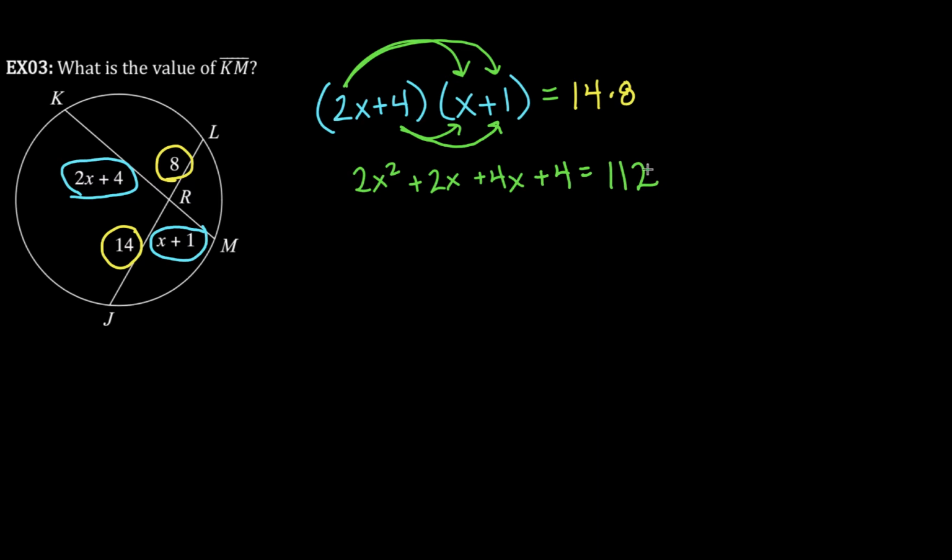Let's combine some like terms here. So we get 2x squared plus 6x plus 4 equals 112. I know how to solve this when it equals 0, so I'm subtracting 112.